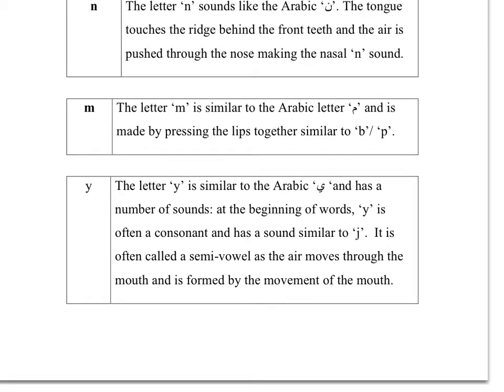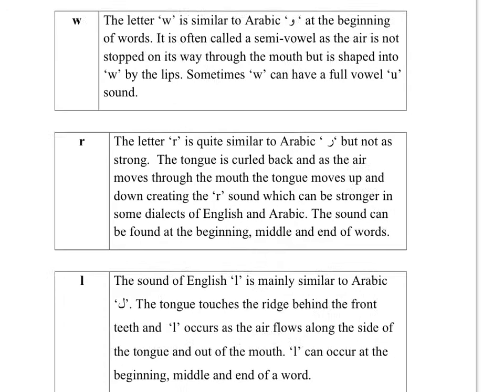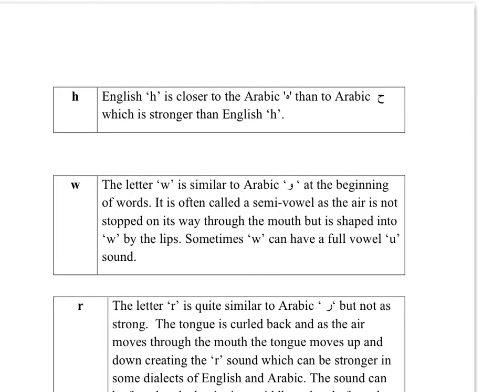The letter Y is similar to the Arabic ya, and it has a number of sounds. Now, we call it a consonant in English, but it actually is a semi-vowel and has different sounds in English. For example, in the word my, and then in the word yes. So again, you need to be careful with the spelling. The English H is closer to the softer ha in Arabic than the stronger ha.